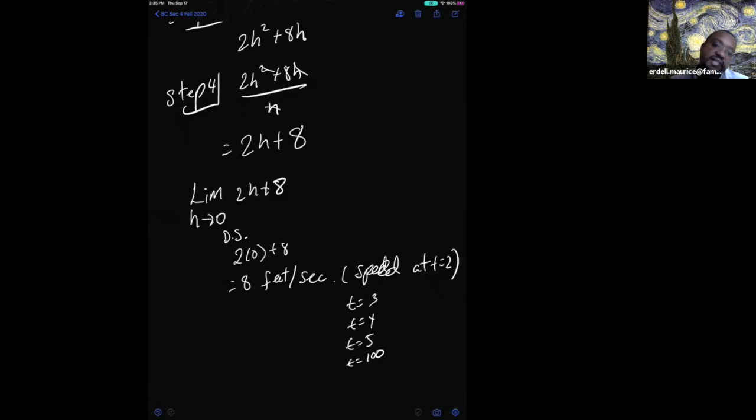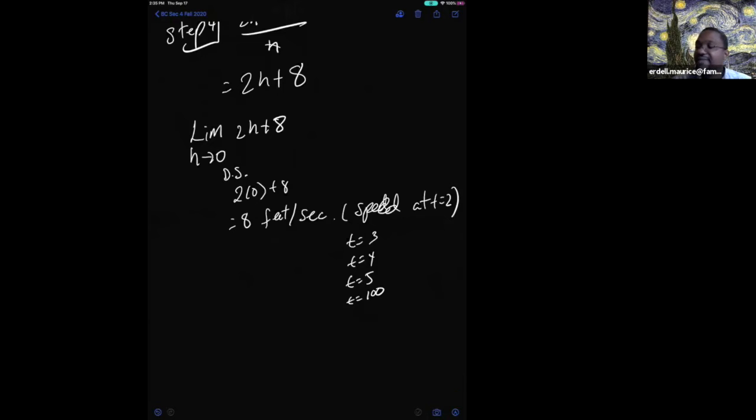If I wanted to find the speed at all of these times, it would make sense to first find the formula for the speed. And then once we have that formula, we can plug in 3, 4, 5, 100, yes?